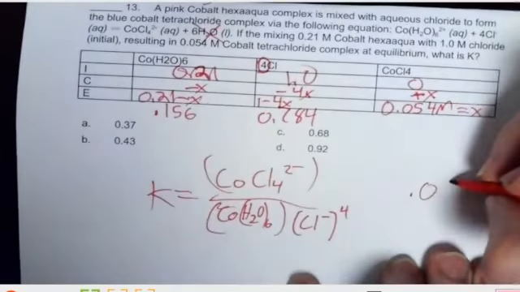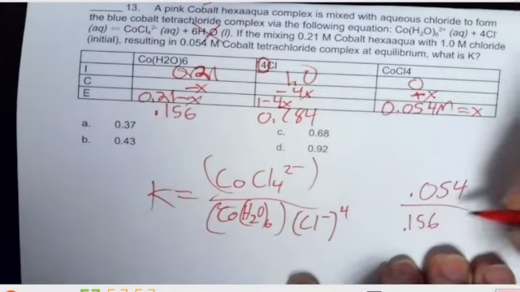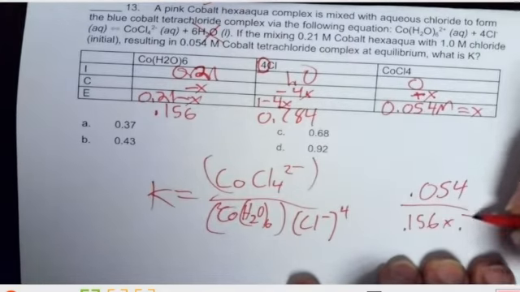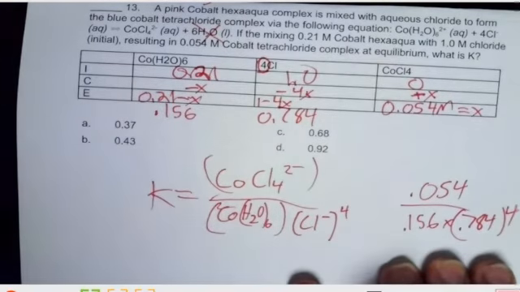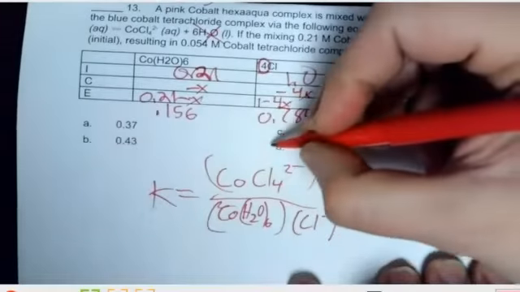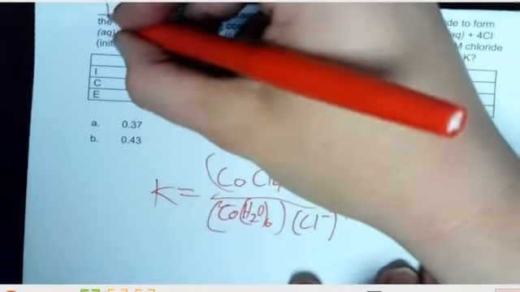So 0.054 divided by 0.156 and 0.784 to the fourth. I do believe it's 0.916 or 0.92. Correct answer is D.